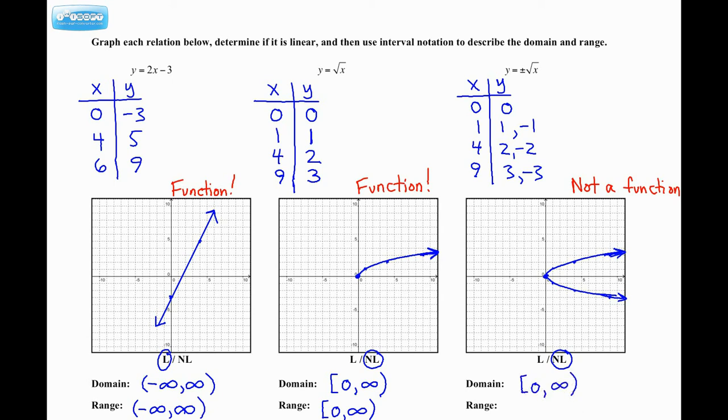But the range is different, because we have both of these pieces: the graph not only extends up indefinitely, it also goes down forever as well. So the range could be anything, as far negative as negative infinity or as far positive as positive infinity. There we go. So notice the difference between the two.